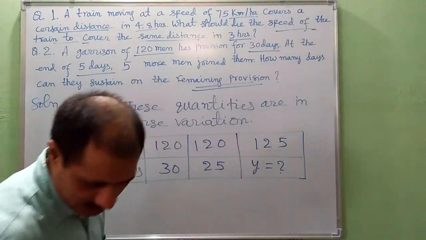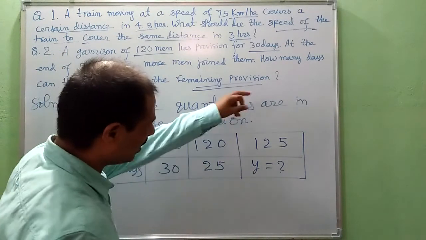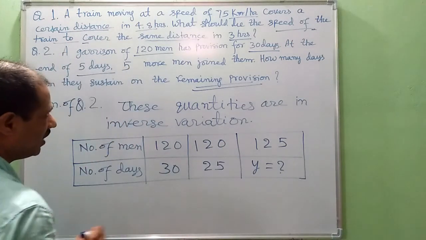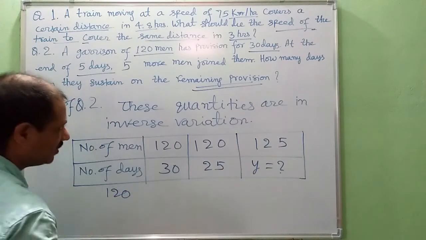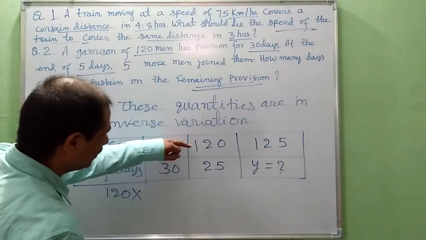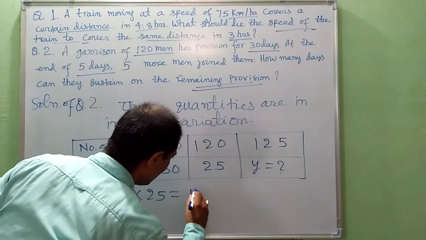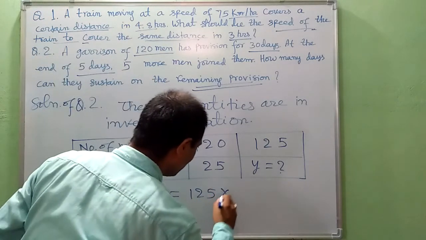As we know, in inverse variation, the product of these two terms will be equal to the product of these two terms. According to inverse variation, 120 into 25 is equal to 125 into y.